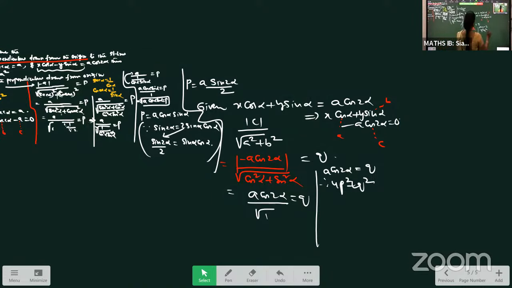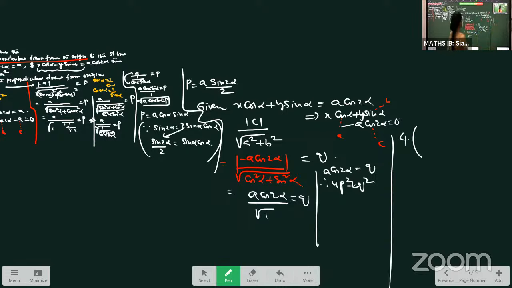So that is 4P square, 4 into what is P? P is nothing but already we have done: A sin 2 alpha by 2 whole square plus Q square. Q square is A cos 2 alpha whole square.